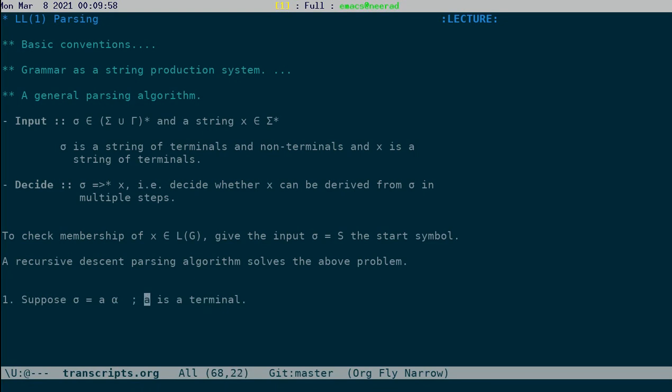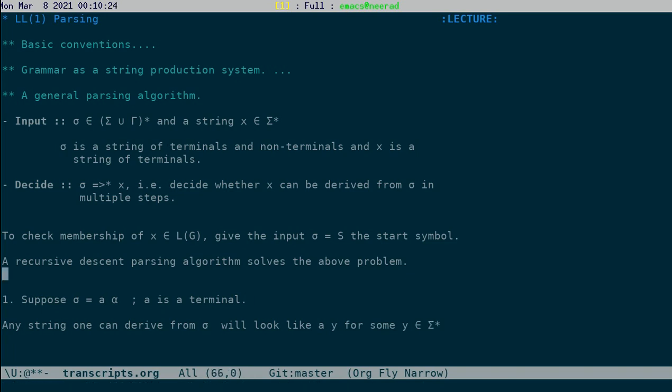So any string one can derive from sigma will look like a y for some y in sigma star, right?